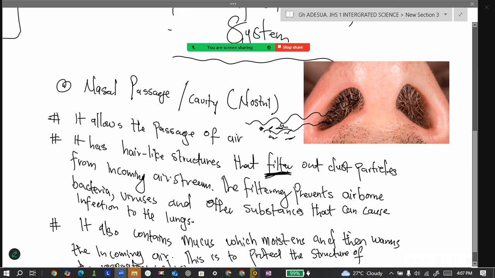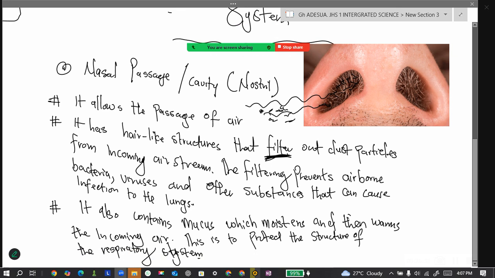From the incoming airstream, the filtering prevents airborne bacteria, viruses, and other substances that could be infectious to the lungs. You see, God is so wonderful. He tries his best to protect us from diseases. It will be very difficult for us to get lung infection or respiratory disease because God has put in measures. God knows that by all means the environment can be polluted.